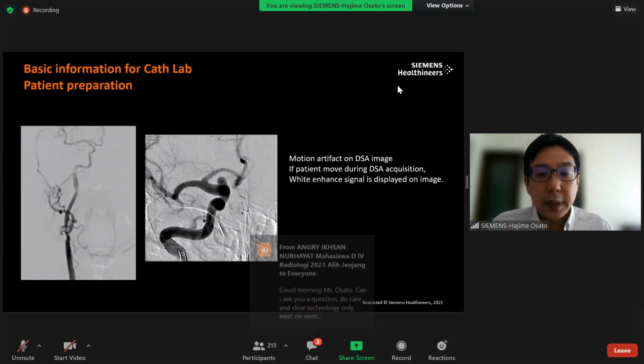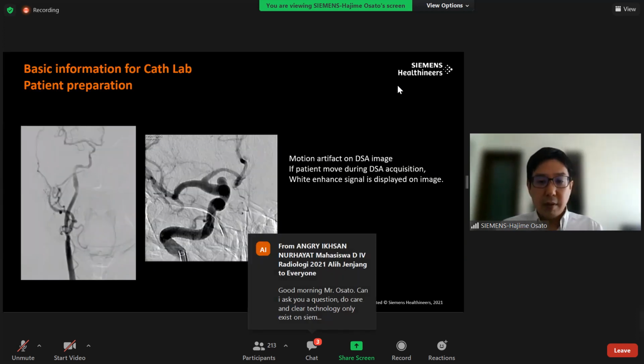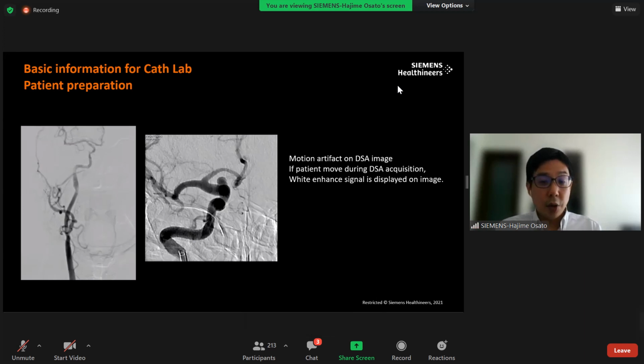In terms of image quality, if the patient moves during DSA acquisition, motion artifact will occur. We can see it as a white signal on the DSA image.